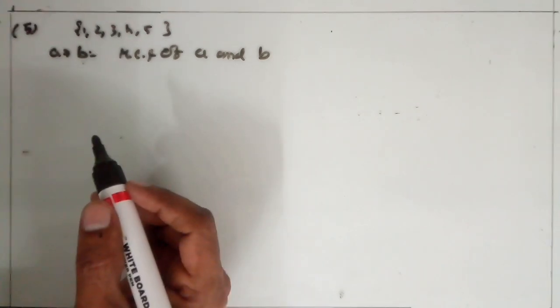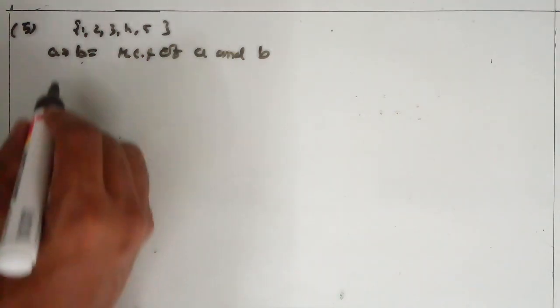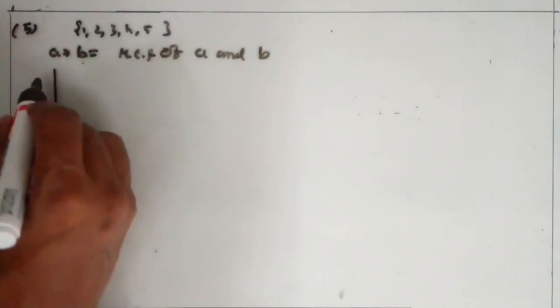Justify your answer. Here, first we get the value table from this operation.